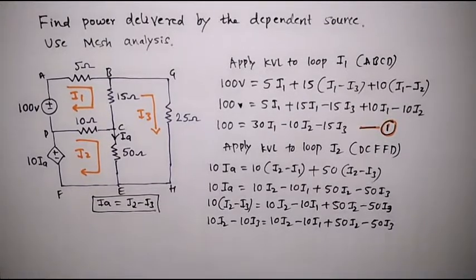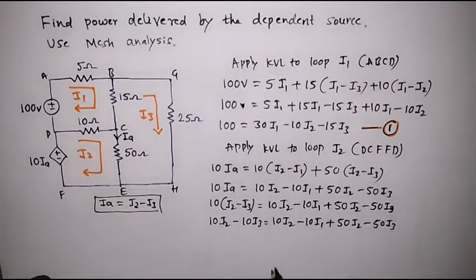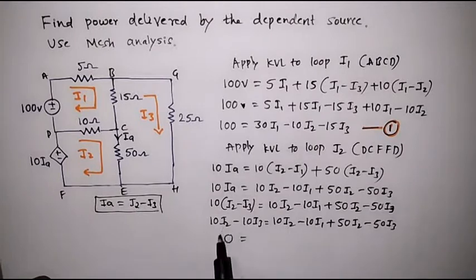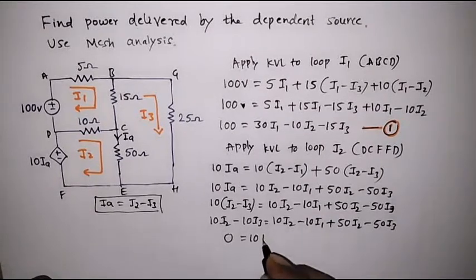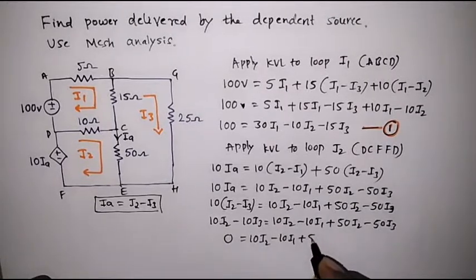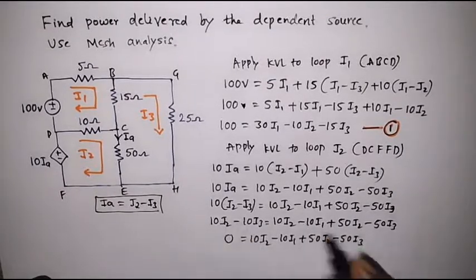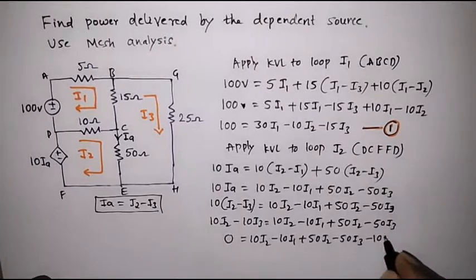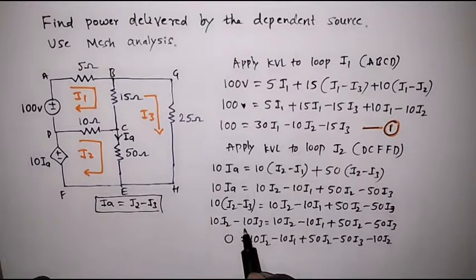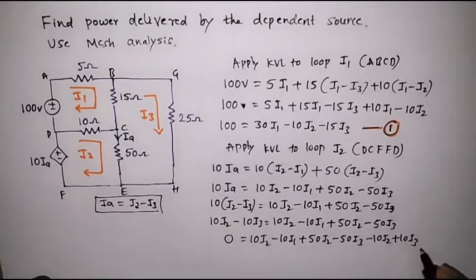I'll simplify this further. I'll send the I2 term and I3 term to the right hand side. So the left hand side becomes 0, equal to 10 I2 minus 10 I1 plus 50 I2 minus 50 I3. This I2 will come to this side, it becomes minus 10 I2. When this minus 10 I3 comes to the RHS, it will become plus 10 I3.